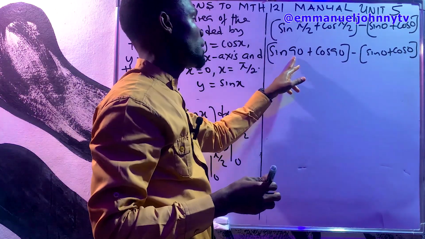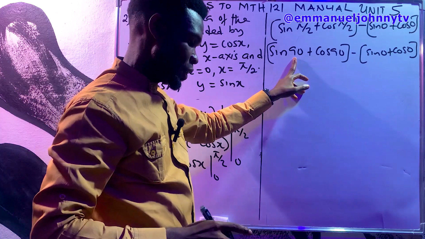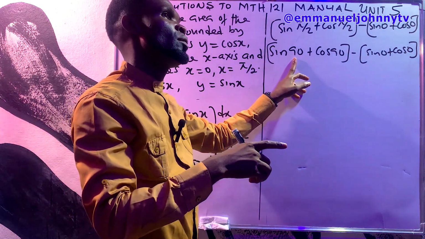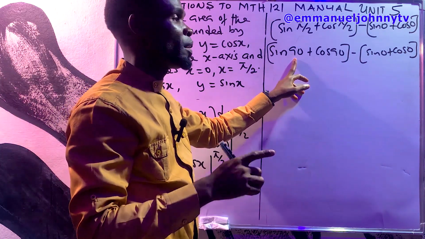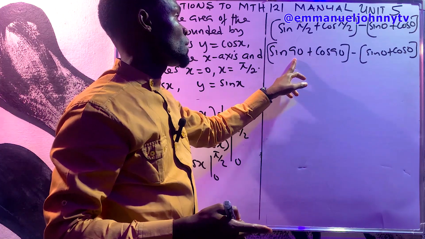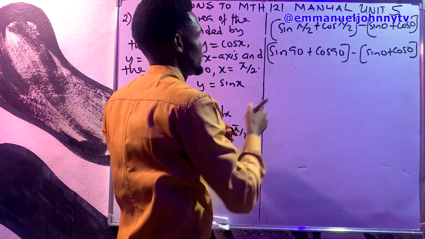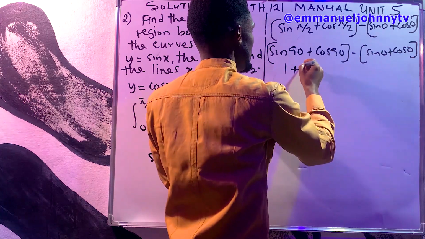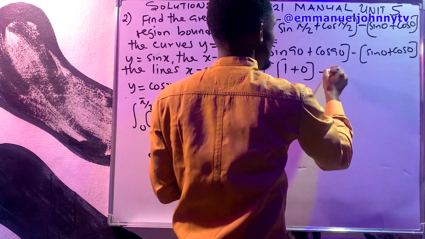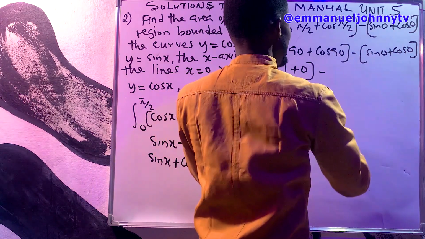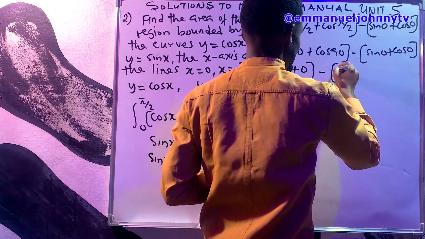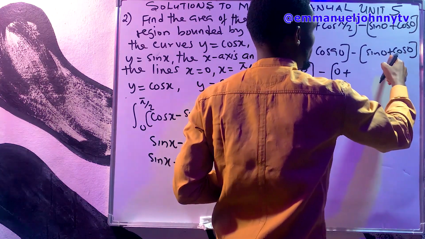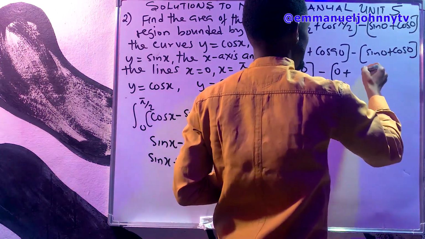Okay, so sine 90, now remember that sine 0 is 0, so sine 90 is 1. This is 1 plus cos 90 is 0, minus sine 0 is 0, and then cos 0 is 1.